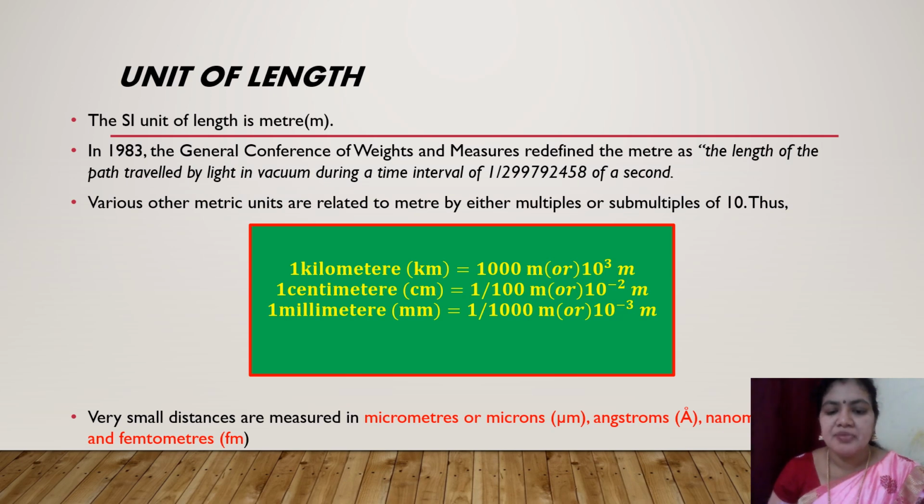For example, if I am going to measure the length of a scale, it is not a bigger thing, so I will be using centimeters. But if I am measuring the distance from Madurai to California, I will not be able to do it in meters, because it is so large, so I have redefined a derived unit in kilometers.